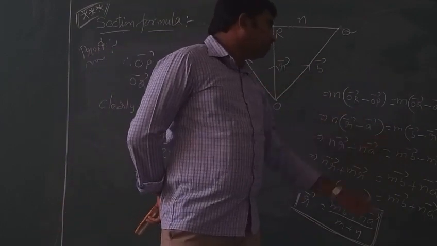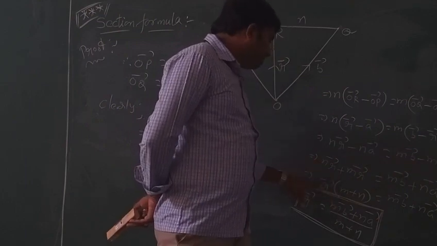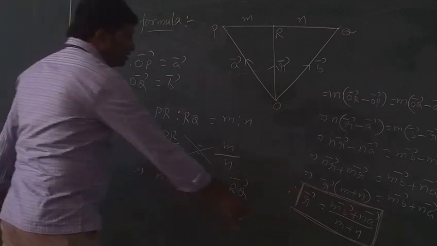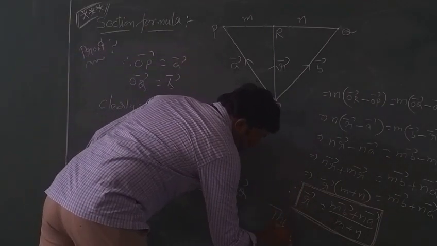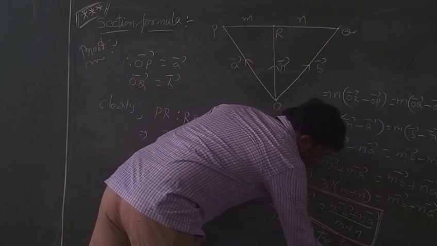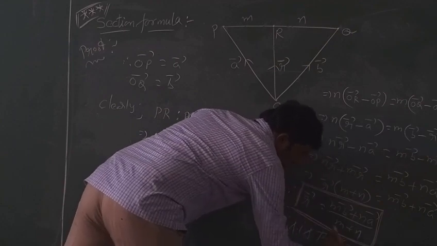Next, multiply the scalar multiplication of the vector, and write like terms on one side. Take R bar as common. Then we will get R bar as MB bar plus NA bar by M plus N. Now, very clearly, this is the section formula.